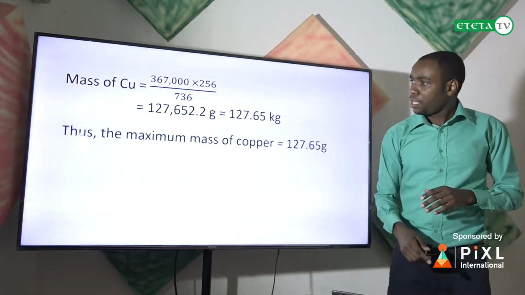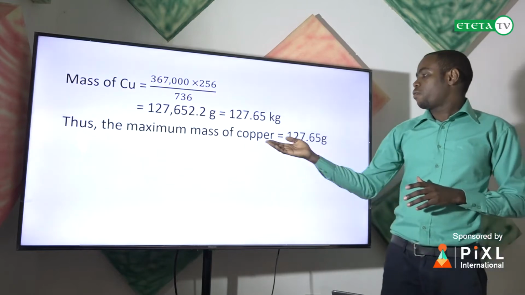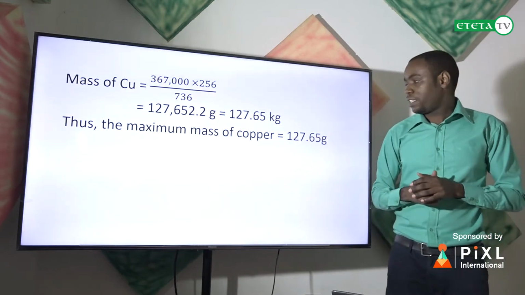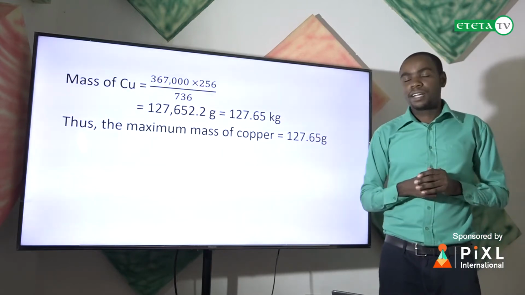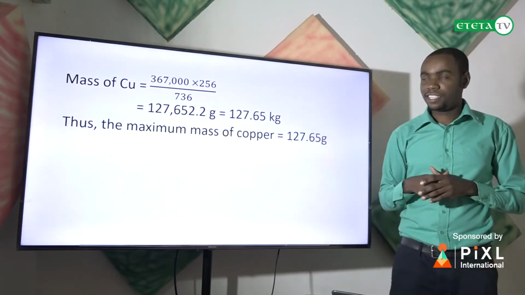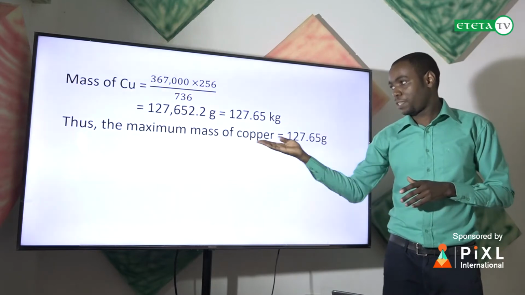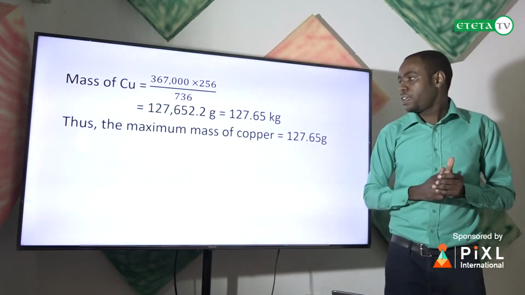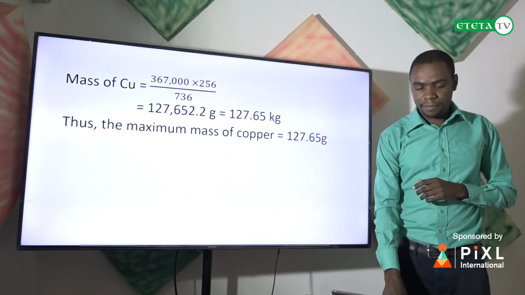So the maximum mass of copper is equal to 127.65 kilograms. So this is the way of calculating this question. And what is obtained here is the mass of copper.